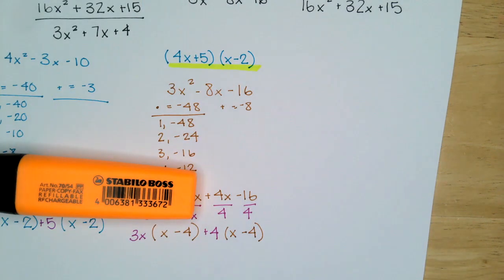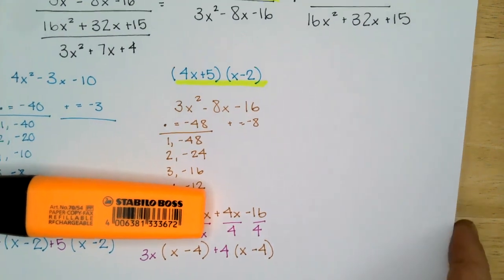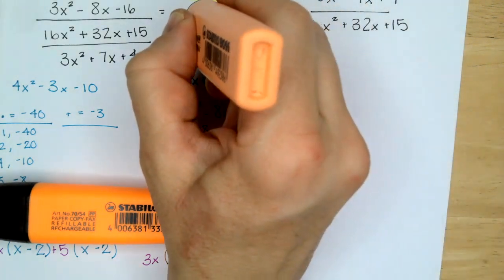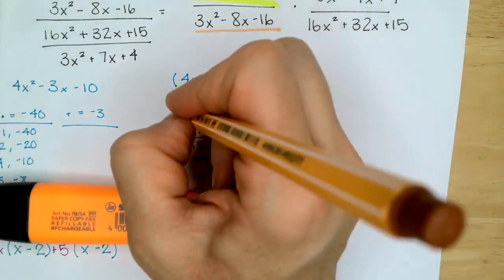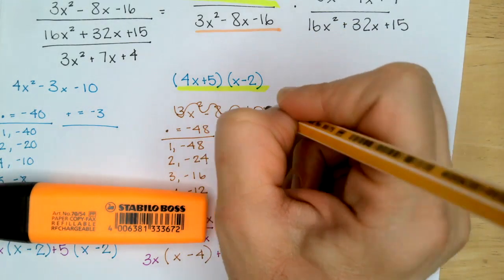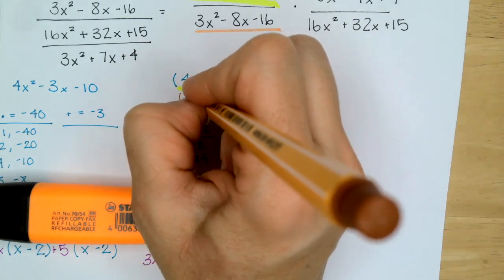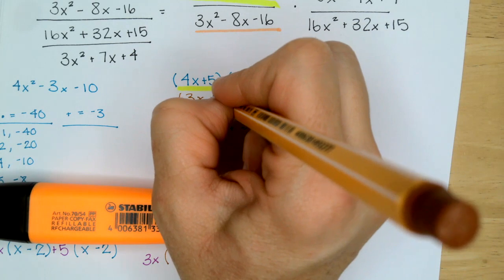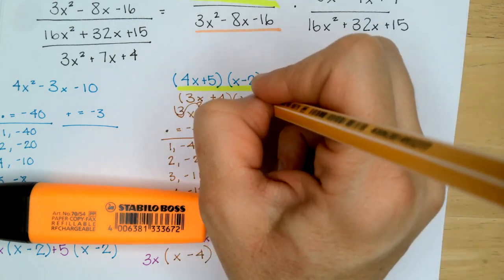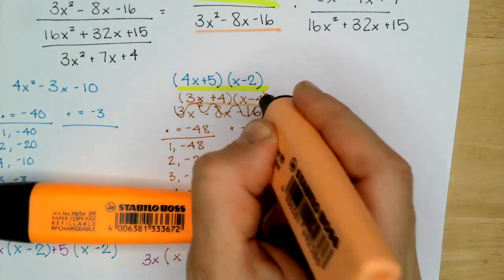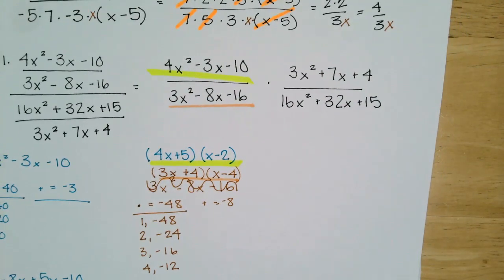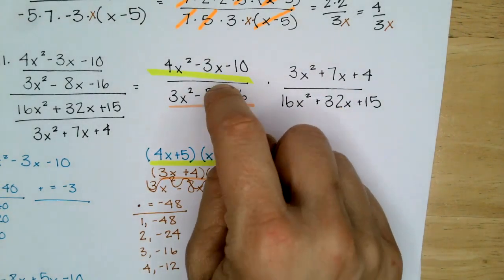So now the 3x squared minus 8x minus 16 is now 3x plus 4 times x minus 4. That became that, that became that.